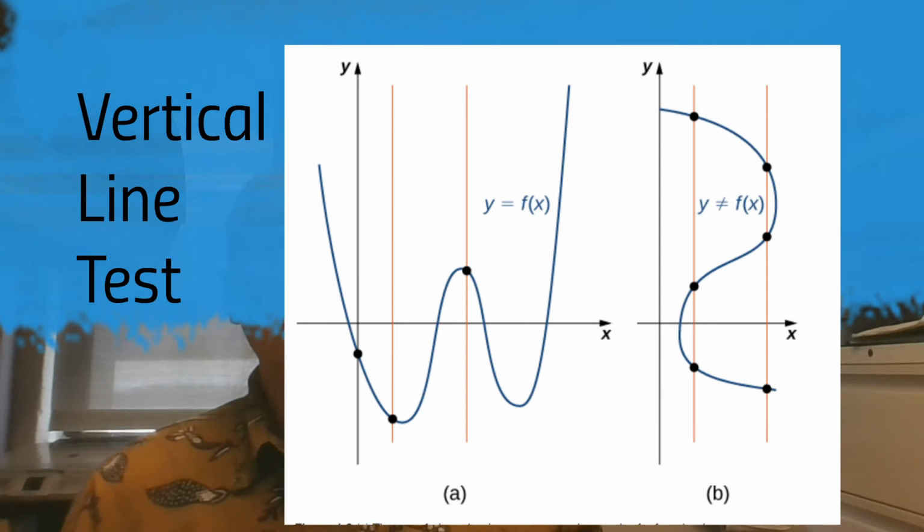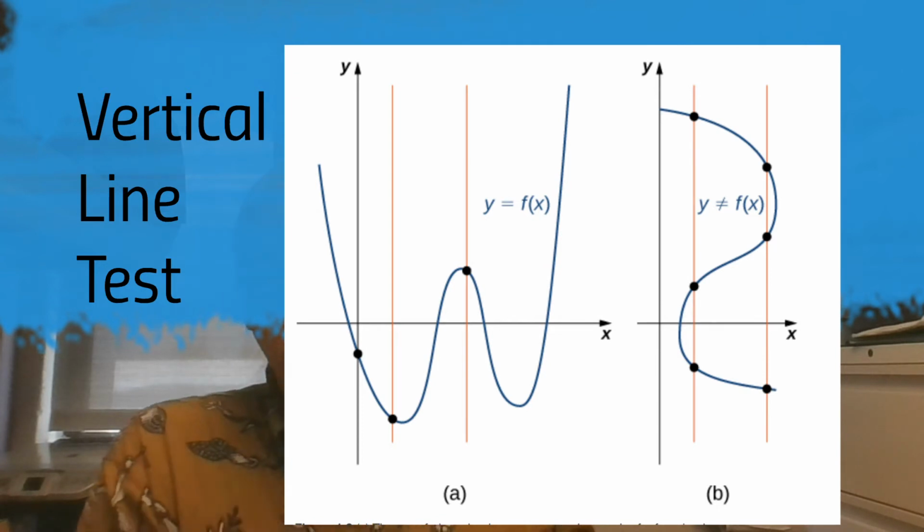So we have this thing called the vertical line test, where if you draw a vertical line anywhere and it passes through no more than 1 point, then you have a function. If you draw a vertical line and it passes through more than 1 point, that means you have one input that would produce 2 different outputs, a non-unique output. And so when you have that, it's no longer a function.